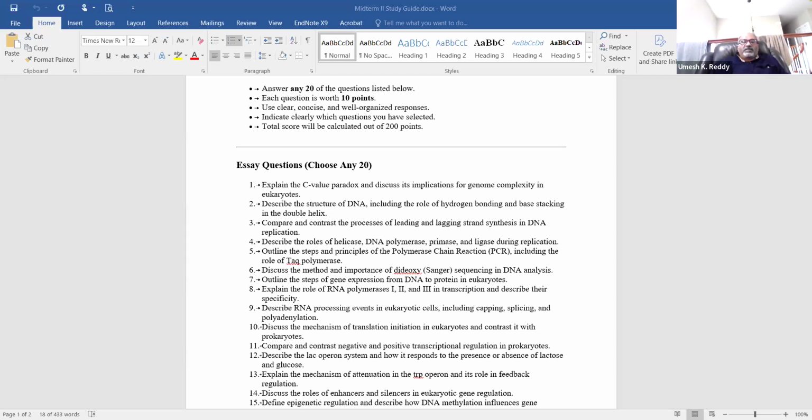The primers are designed flanking those sequences, and then you add dATP, dTTP, dCTP, dGTP, because they are the building blocks for the new DNA. Taq DNA polymerase is a heat-stable enzyme derived from Thermus aquaticus.